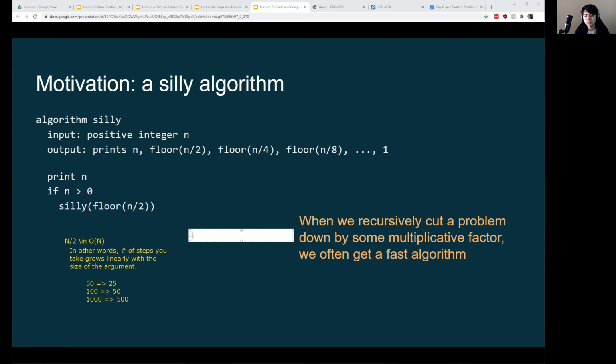Now, log n is its own class of function. Log n is O of log n, and you can't really compare it with n over 2, right? Don't confuse the n over 2 here with the runtime, because this n over 2 actually leads to this silly function's runtime being in O of log n.